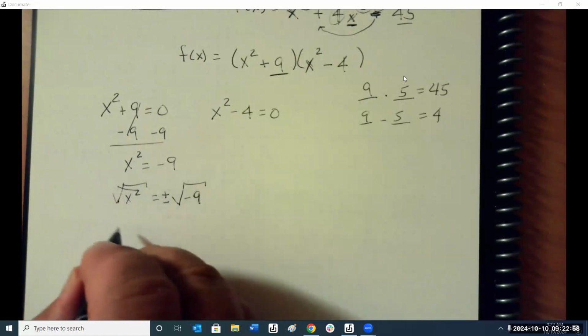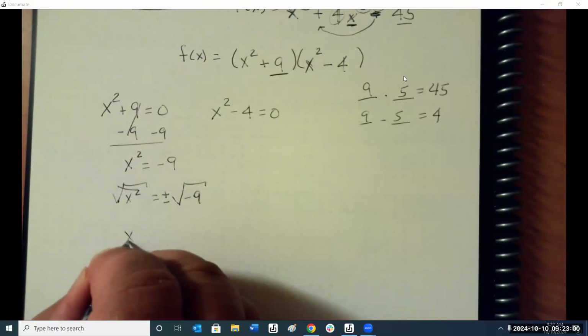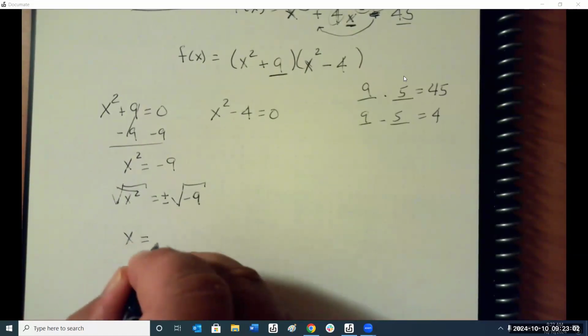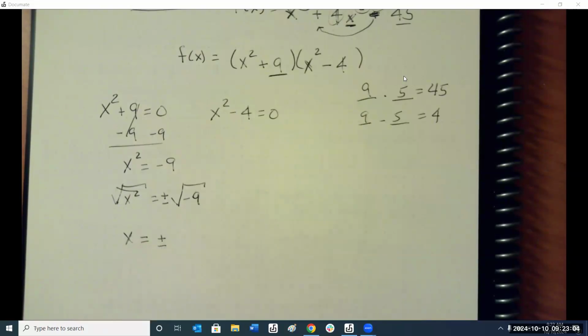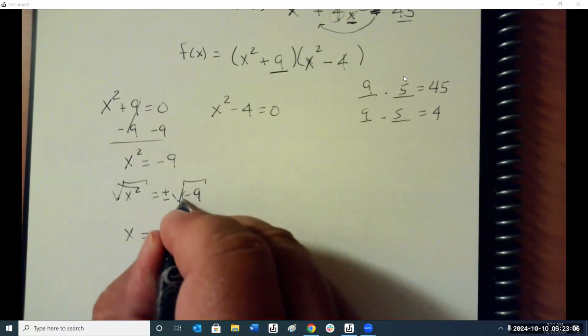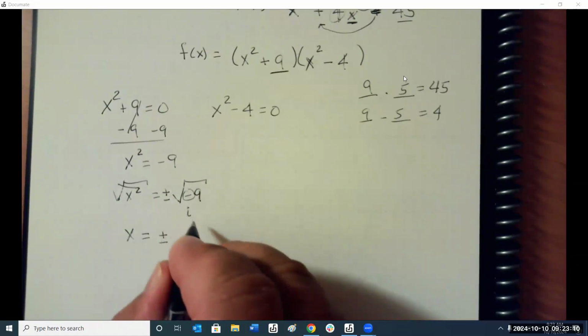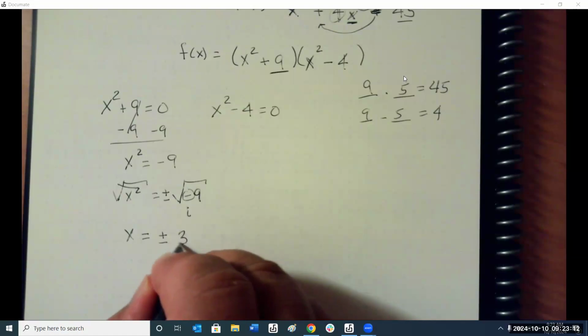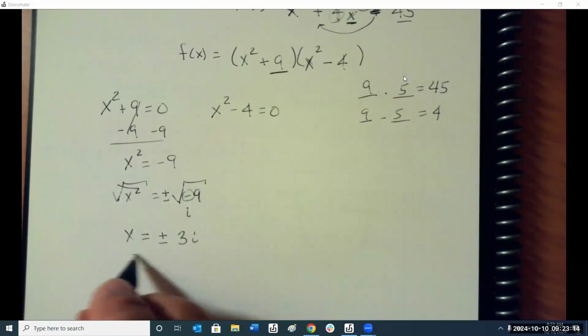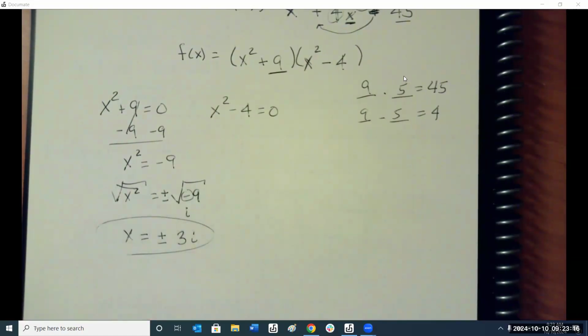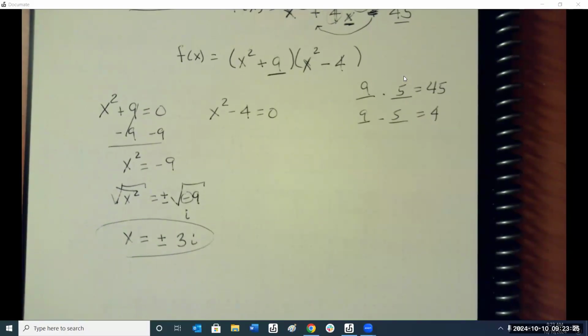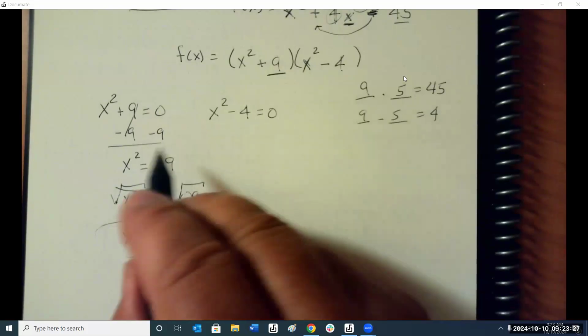So the square and the square root cancel. Equals plus or minus. Well, we have a negative inside the square root, so that becomes an i. Square root of 9 is 3. So we have two imaginary numbers. And remember, imaginary numbers always come in pairs. So that was our first one.